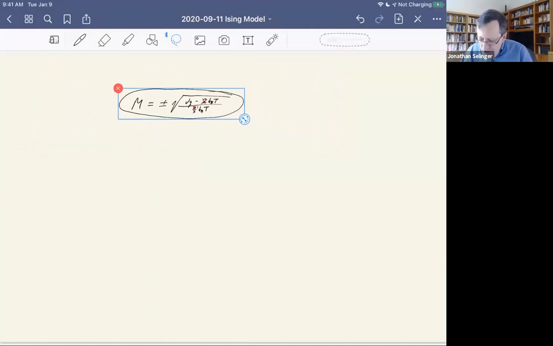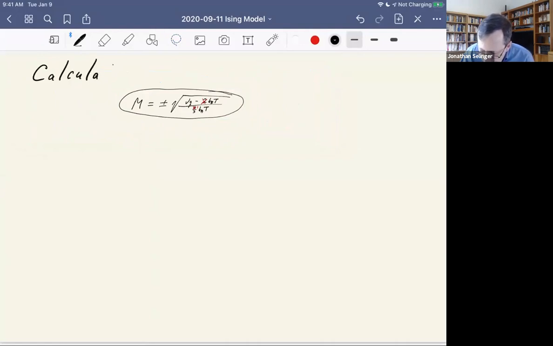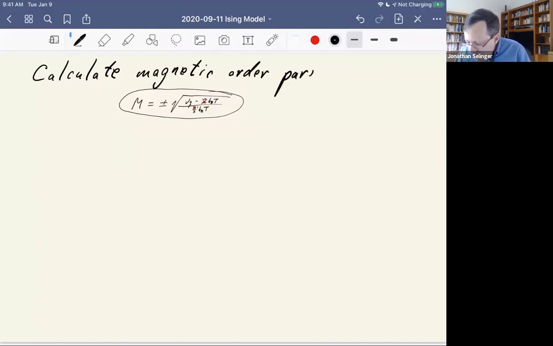So what can we do with that? Remember what we're trying to do here: our goal is to calculate the magnetic order parameter. That is, when you have the ferromagnetic phase, so that there's a little bit of magnetic order, how much magnetic order will there be?